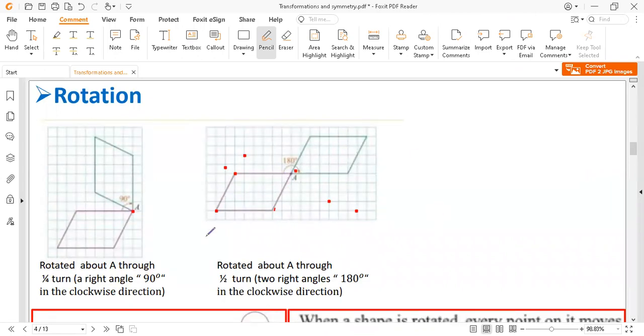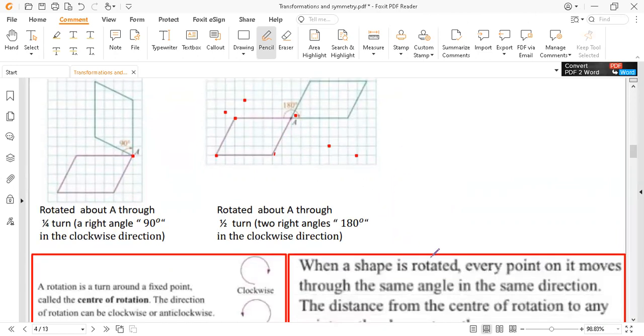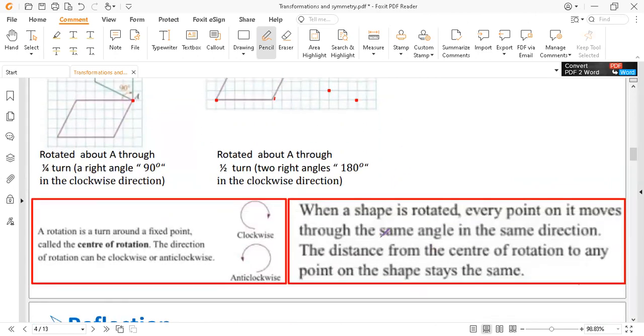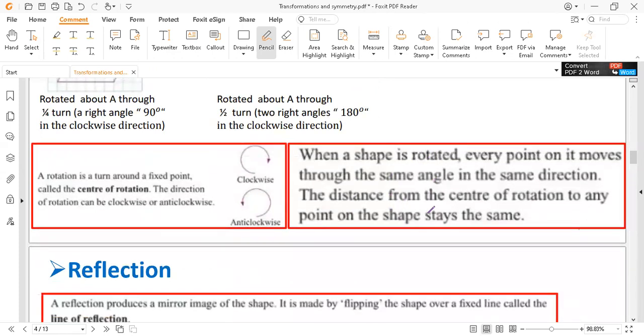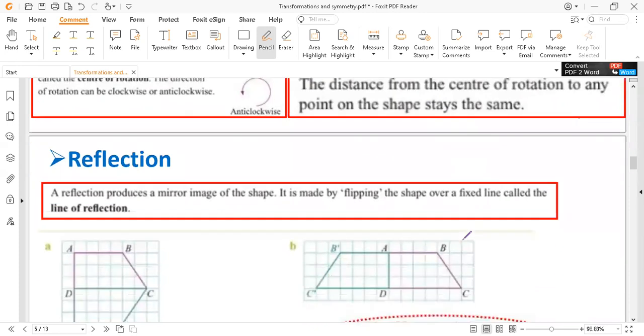We draw rays from the fixed center of rotation to each one of the vertices to keep the same distance, and turn the ray about the angle that we want, in the clockwise or anti-clockwise direction. Then we have our new copy of this vertex.